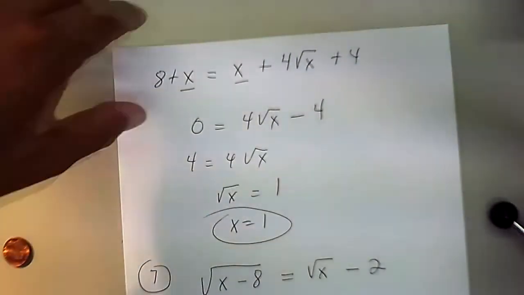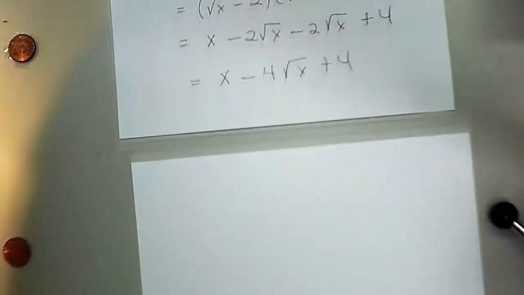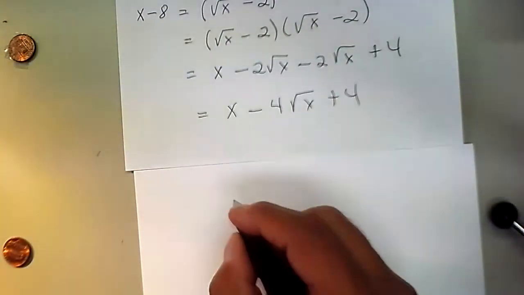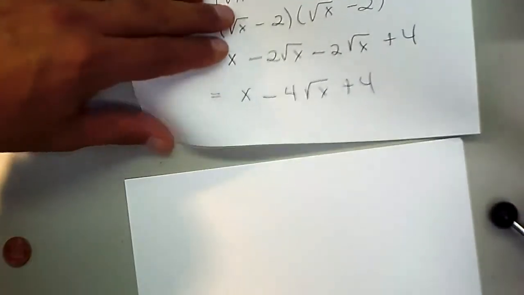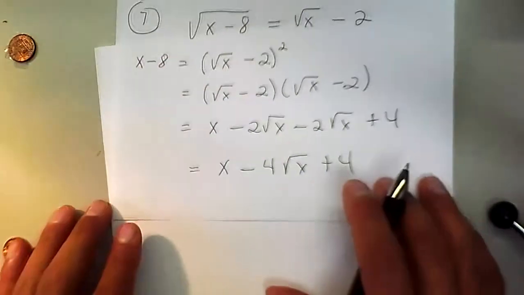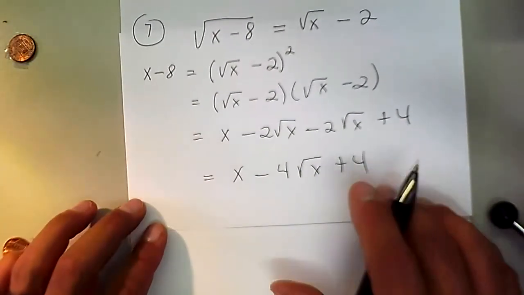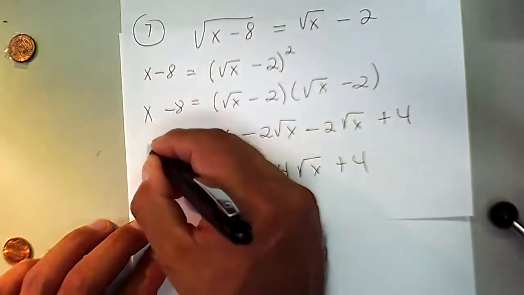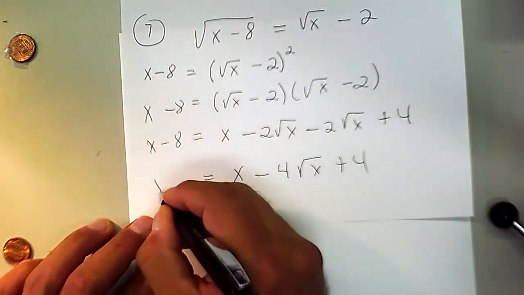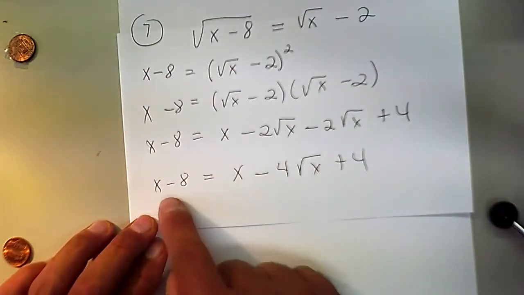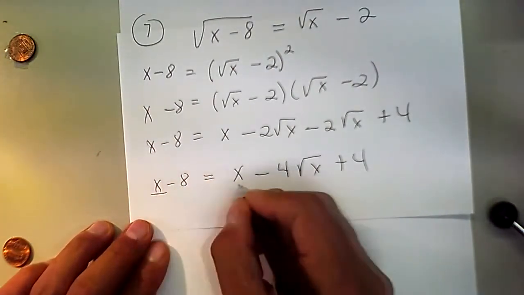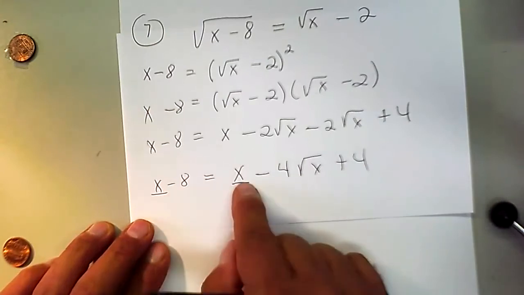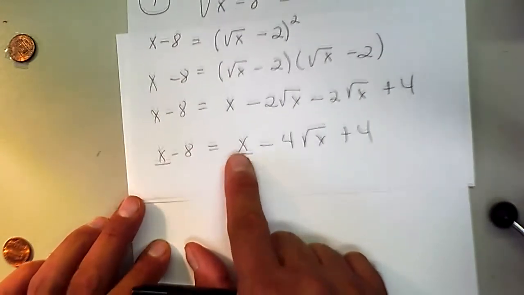Okay. Let's continue on a new page. Well, actually, I still have room to write this equation here. Yeah, so we have x minus 8 is the same thing. X minus 8. There we go. So the x simplifies. We can subtract x from both sides of the equation.